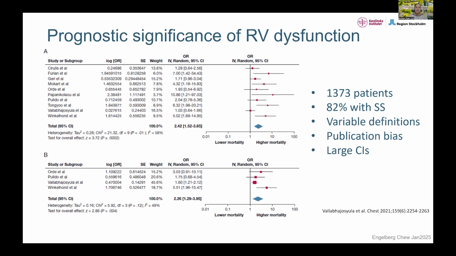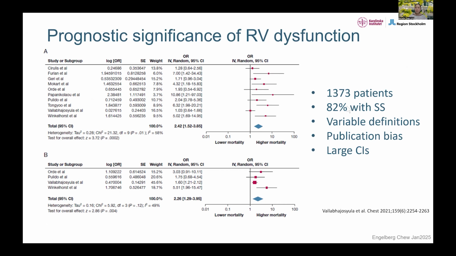In this meta-analysis, right ventricular dysfunction was defined variably. It could have been defined as one or more of the variables that are guideline specified. It may be defined as ACP. It may just have been defined as right ventricular dilatation. But despite these varying definitions, you see that there is some sort of a relationship between right ventricular malfunction, I should call it, and short-term mortality, as well as long-term mortality.